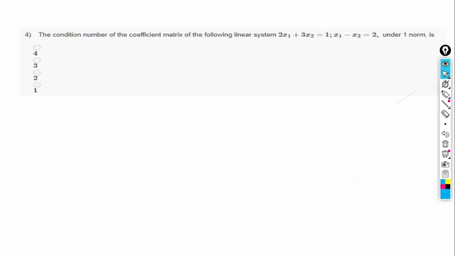Yeah, someone want to say something? Ma'am, one norm means we have to calculate the norm by the maximum of column wise, right? Yes, column wise. Okay.